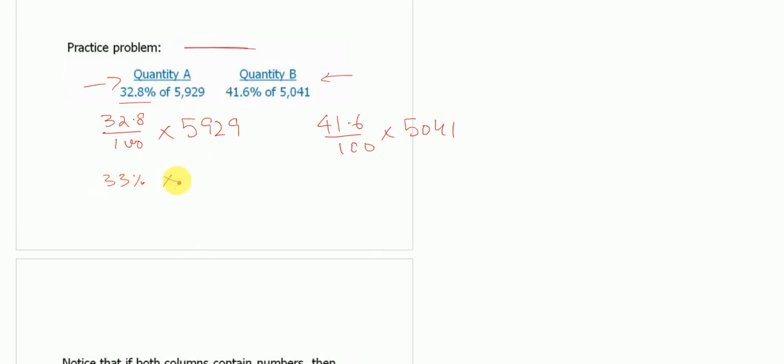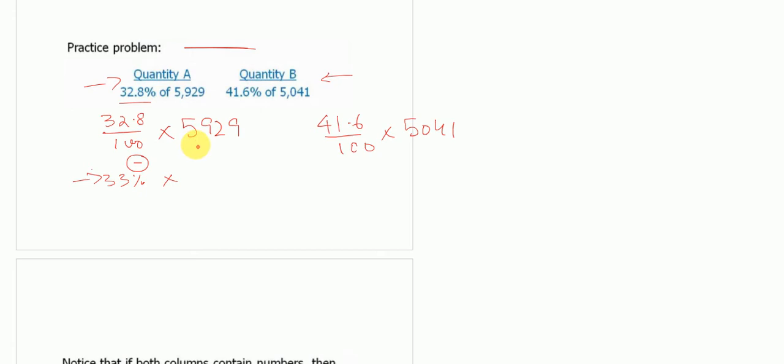33% is a slightly larger number, so let's put a minus sign with it, which shows that whatever number you compute here is going to be less than this number.